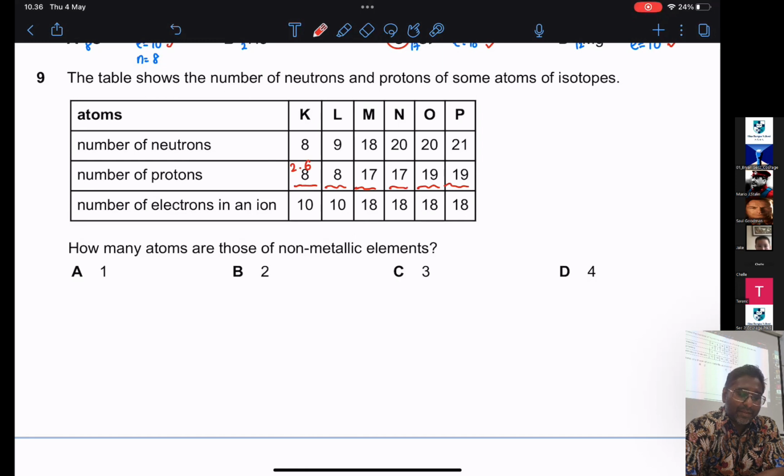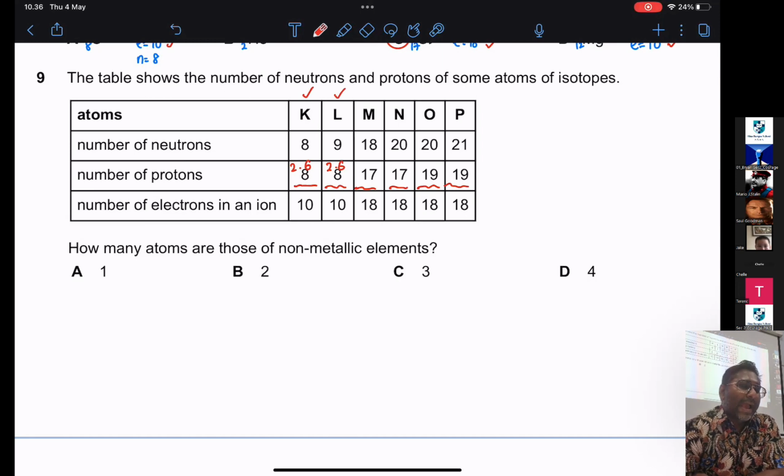Non-metallic elements, how do we see from here? Generally, if you look at the number of proton, we can look at our periodic table and find out.